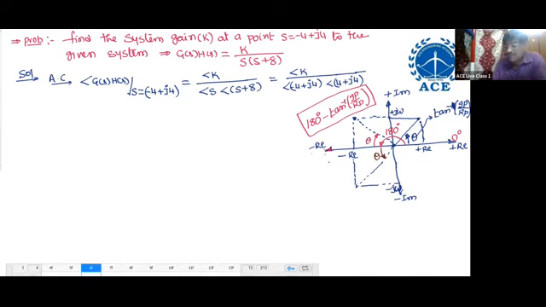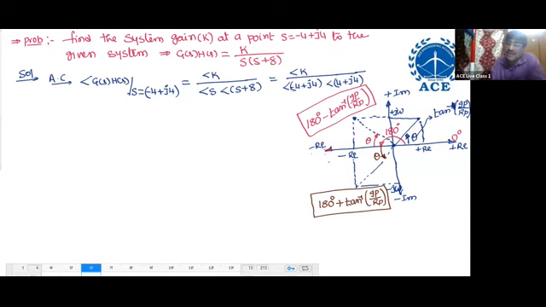So the third quadrant angle is 180 plus tan inverse of imaginary part by real part.